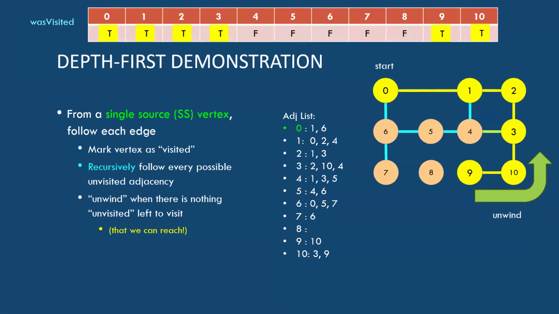And over time, we kind of hit a dead end, right? So if I follow 3 and then I go to 10, 10 takes me to 9, 9 takes me back to 10. That's the end of my recursive journey so far. Okay, so 9 is as deep as we go based on that particular adjacency list.